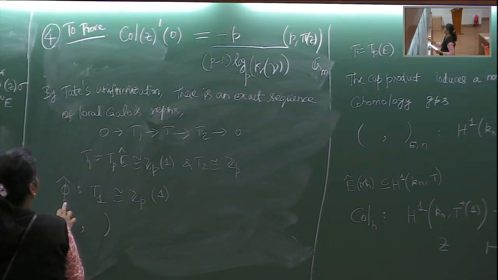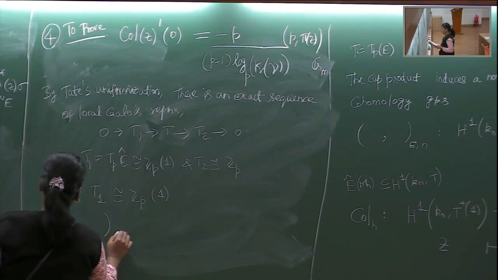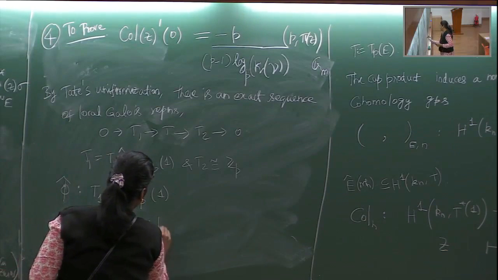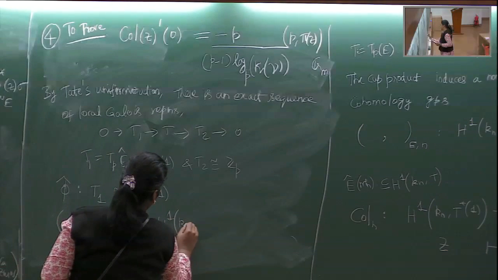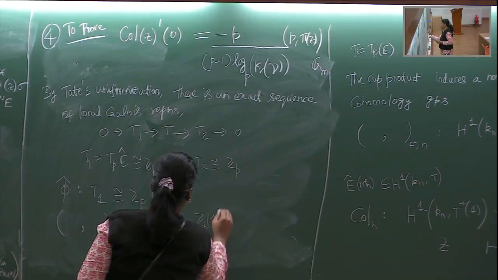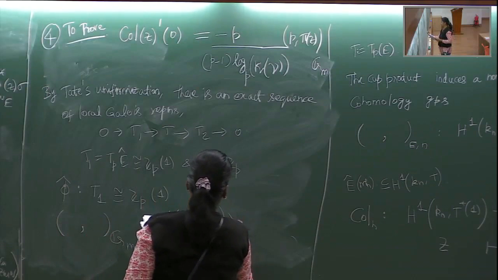Basically, I am using the isomorphism phi cap, that's all. So the E to G_m, the original non-degenerate pairing, will be transferred to the following.